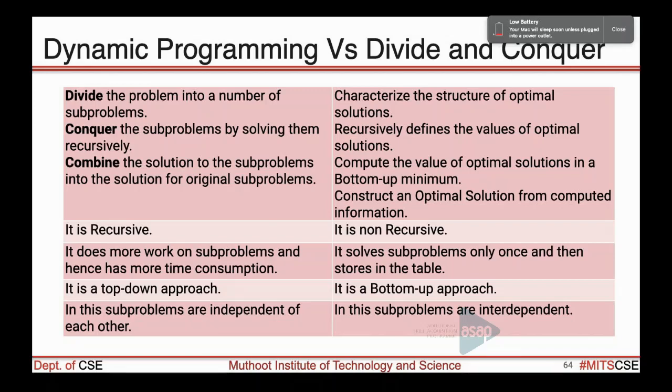But in divide and conquer, we have 3 steps: divide, conquer and combine. It's a recursive process. It does more work on the subproblems and hence takes more time. It's a top-down design process and the subproblems are independent of each other. So this is the basic difference between dynamic programming and divide and conquer.